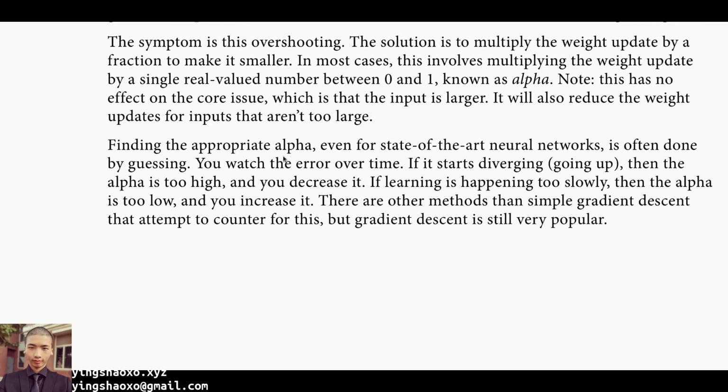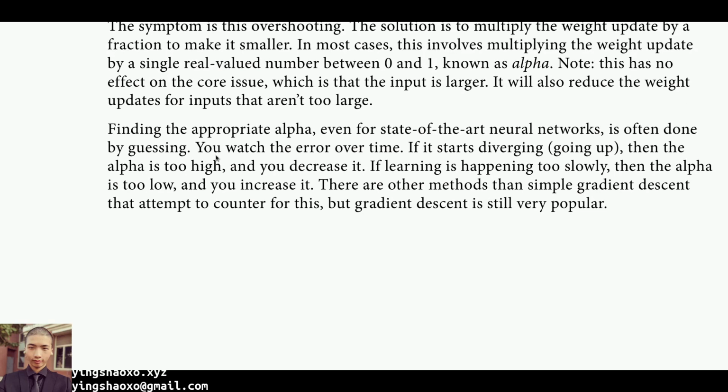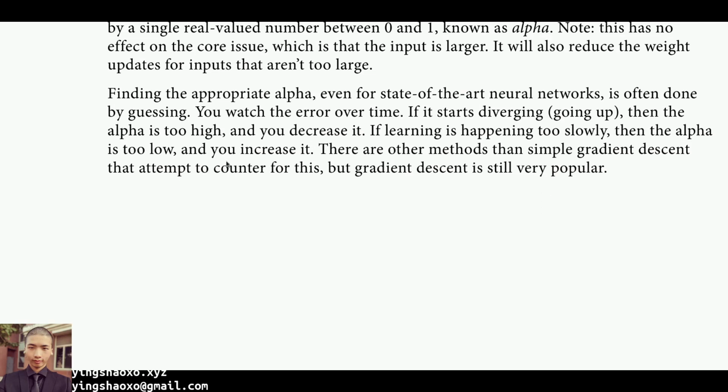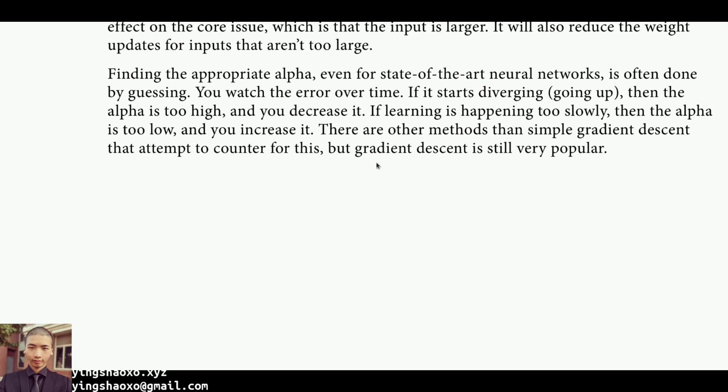Finding the appropriate alpha, even for state-of-the-art neural networks, is often done by guessing. You watch the error over time. If it's going up, then the alpha is too high, and you decrease it. If learning is happening too slowly, then the alpha is too low, and you increase it. There are other methods than simple gradient descent that attempt to account for this, but gradient descent is still very popular.